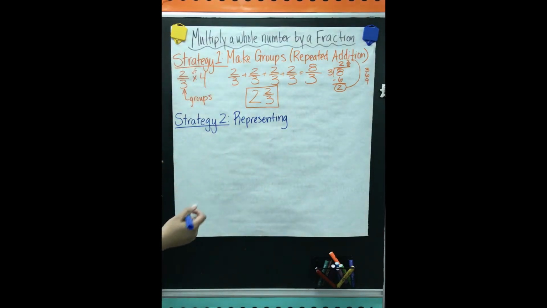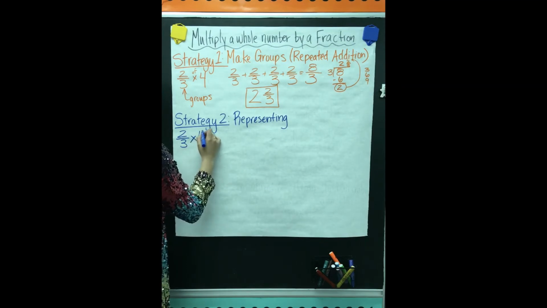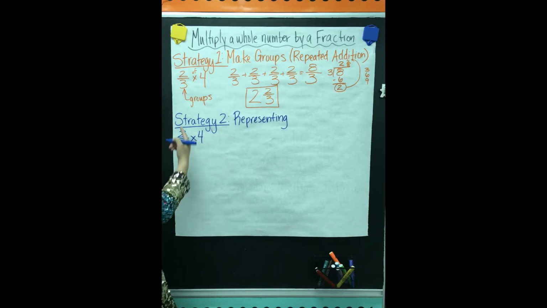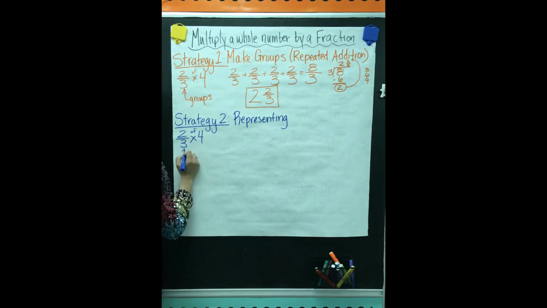And how we're going to represent this, our problem is still going to be 2/3 times 4. This means 2/3 of 4, and our 3 represents our groups, how many parts our whole is split into.